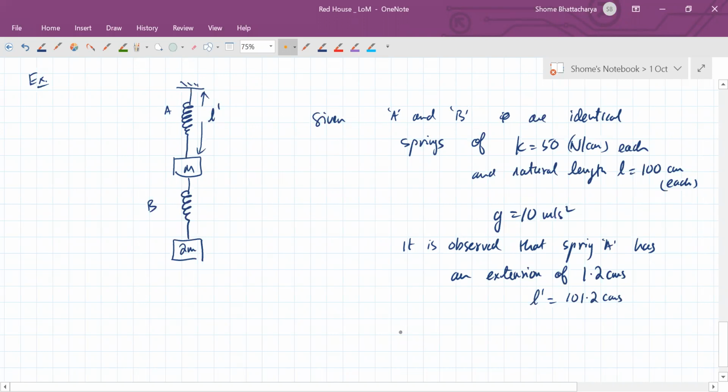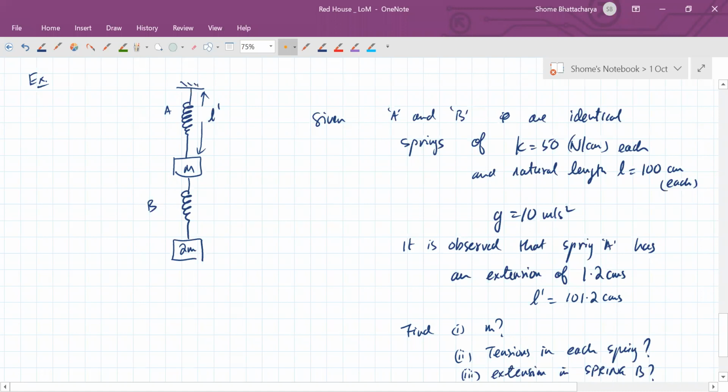From this we want to find M and the tensions in each spring, and the extension in spring B. Just try this out.